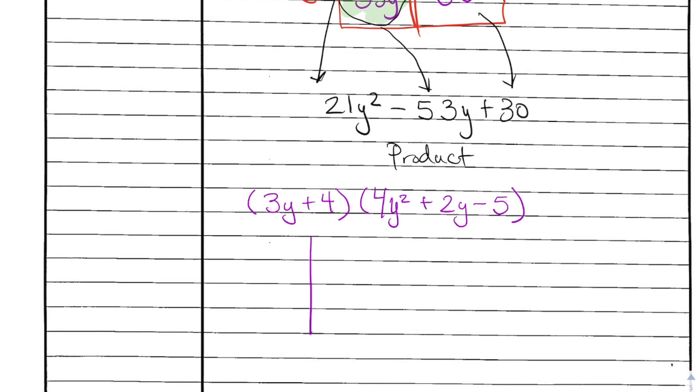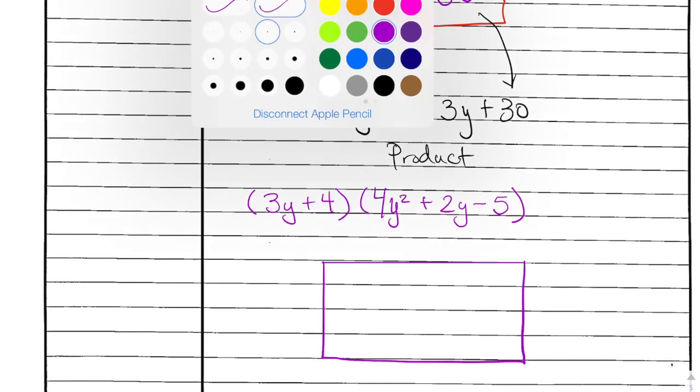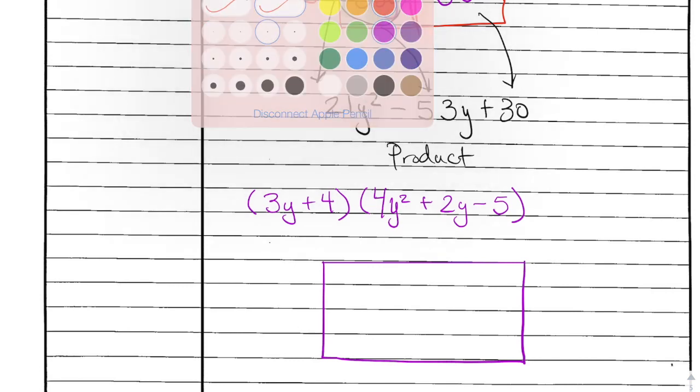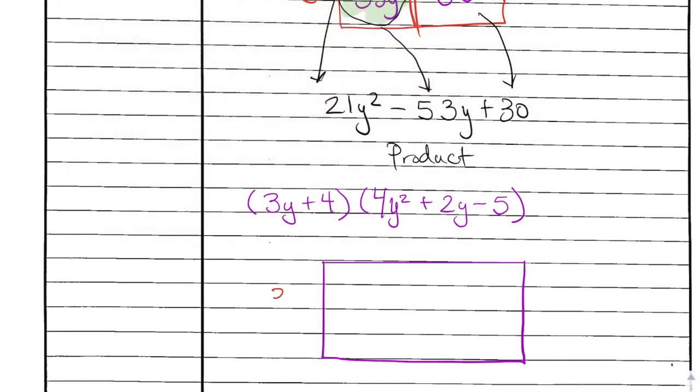All right, we're going to create our box. I'm going to move my box down. Get some space. Make it a little longer because I've got 3 terms. I'll move my numbers down to the side. So I've got 3y and a positive 4. And then I've got 4y to the second plus 2y minus 5.